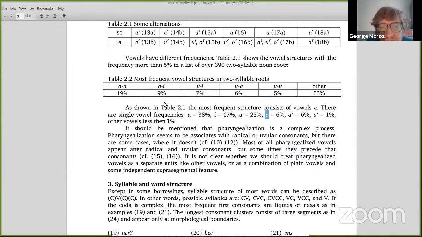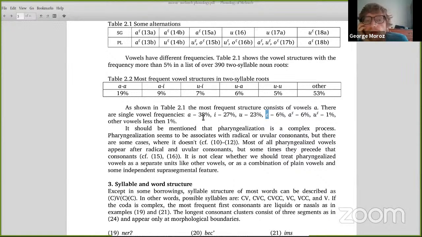Well, it shouldn't matter, right? Since it's just a two-syllable root. Yeah, it can matter, because it's possible to have UE and EU. So I think it does matter.